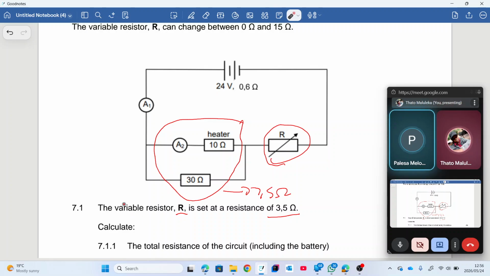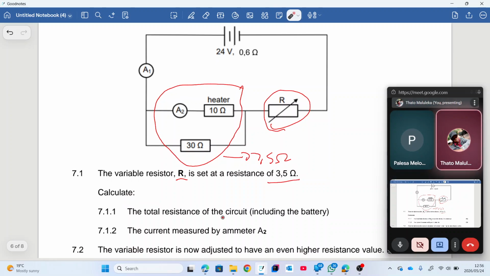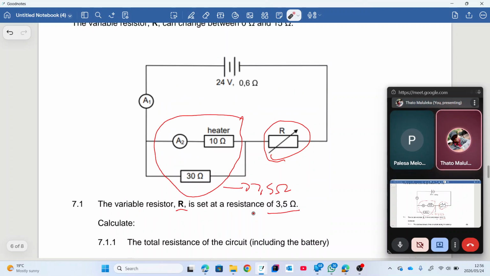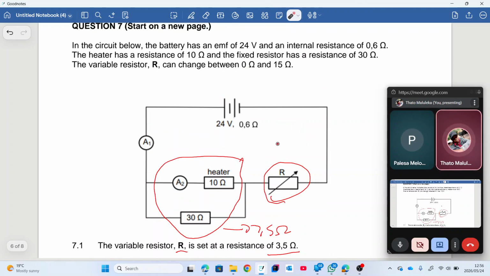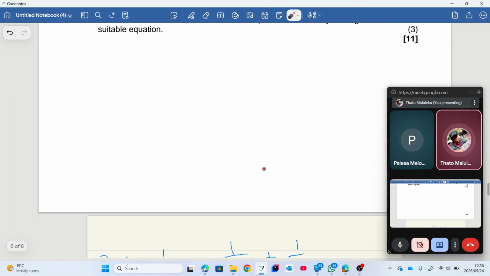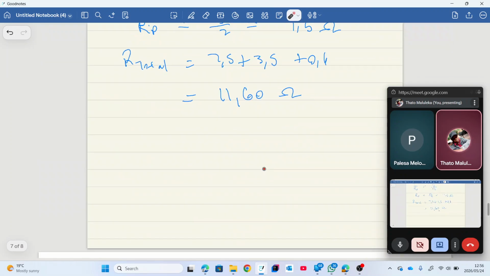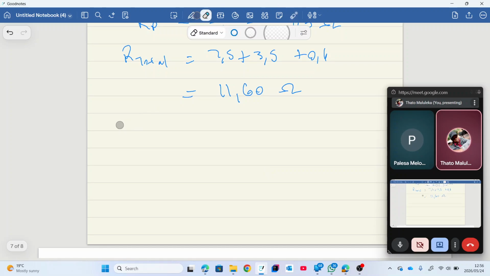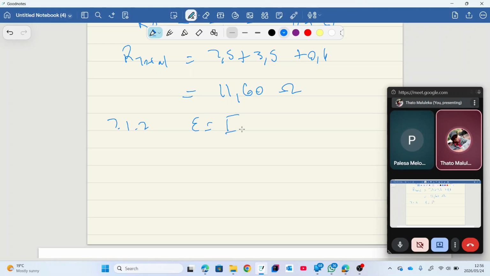Now calculate the total current of the circuit, including the battery. We've got the EMF, and we've got the external and the internal resistance. So we can use the famous equation from grade 12: EMF equals I times R plus r.